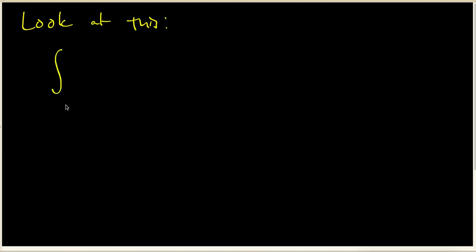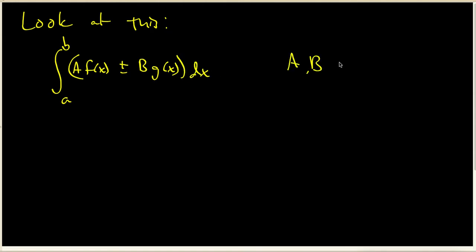Suppose I want to find the definite integral from a to b of, let's say, capital A times f of x plus or minus capital B times g of x, where capital A and capital B are constants.